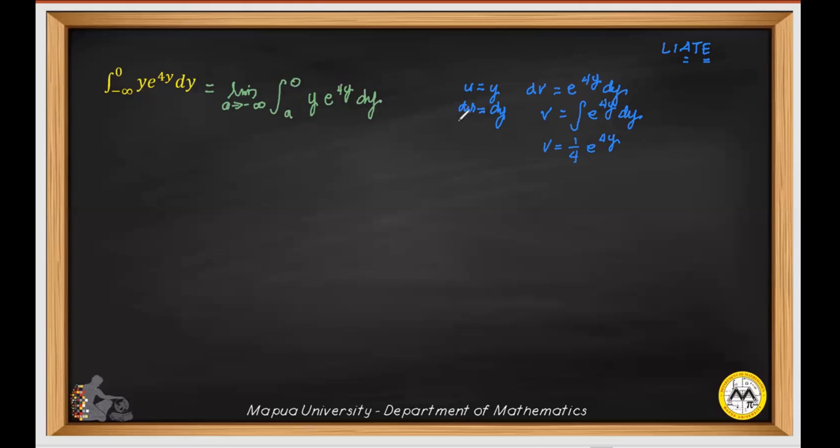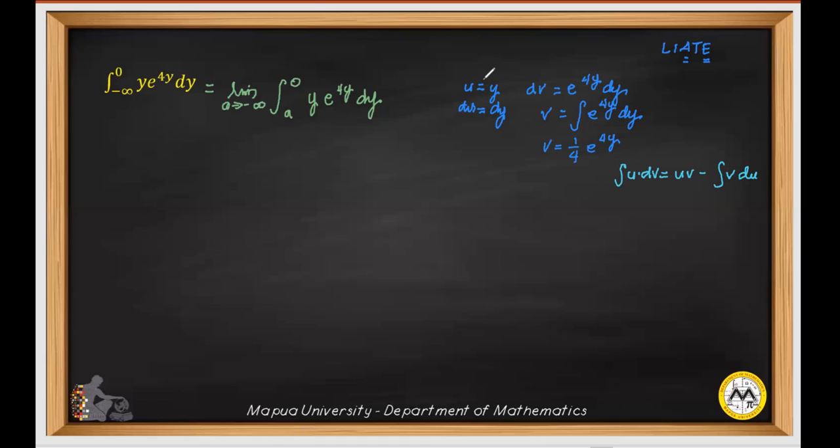Okay, and if we are going to use integration by parts, then we follow the formula that the integral of u times the differential of v is equal to uv minus the integral of v du.